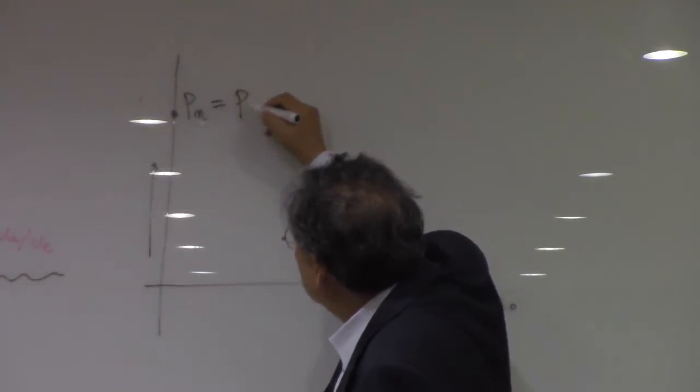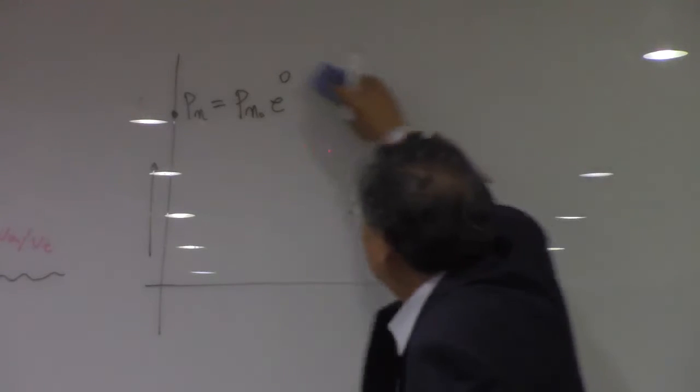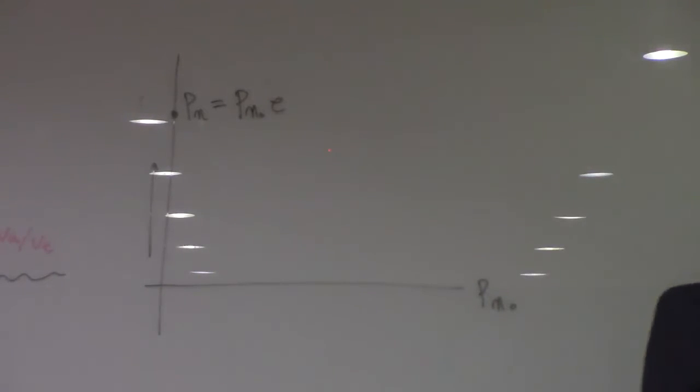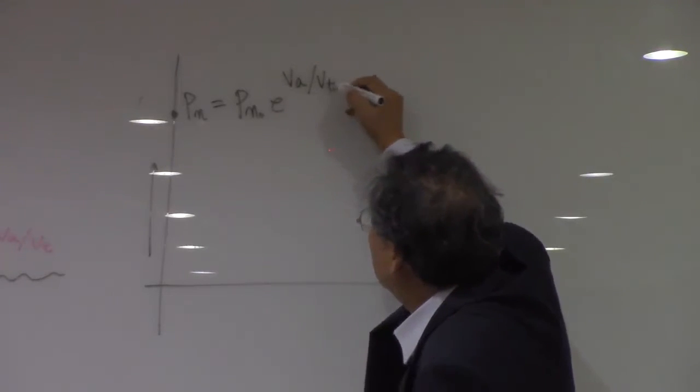In other words, this is going to be Pn naught e to the phi I over phi t, or Va over Vt, thermal voltage.